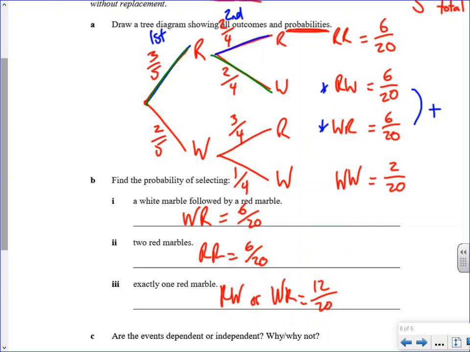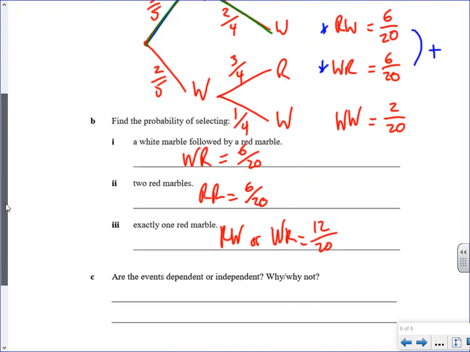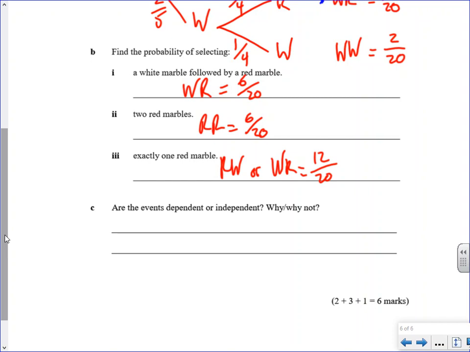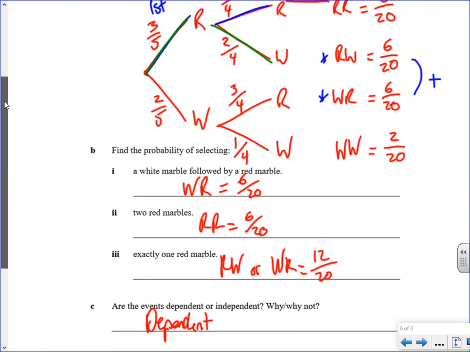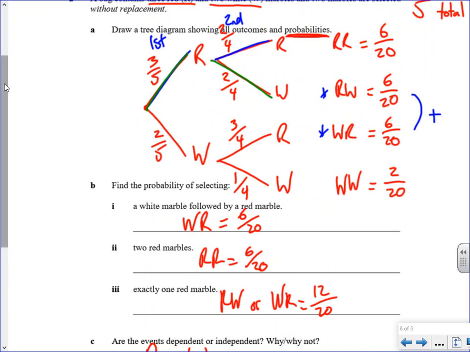And then lastly, are the events dependent or independent? Well, I've already said it a few times, or at least I've inferred it, but these are dependent. The reason they're dependent is because whatever happens in the first stage will affect what happens in the second stage. Here we saw if I choose a red marble first, then this will be 2 over 4 and that's 2 over 4. But if I chose a white marble first, then this is 3 over 4 and that's 1 over 4.